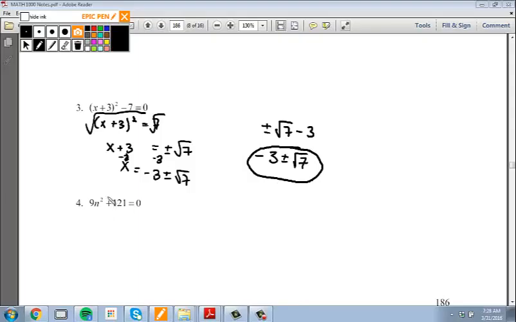Number 4. Solve for n. So I need to actually subtract the 121 and then divide by 9 on each side, so n squared is negative 121 over 9.